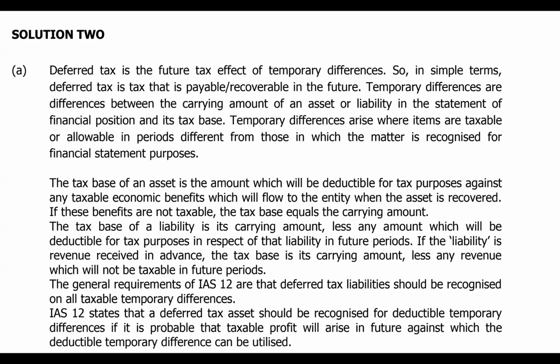What do we mean when we say temporary differences? This is where the question starts from. Temporary differences are basically the differences between the carrying amount of an asset or liability in the statement of financial position and the tax base. The carrying amount is the net book value sitting in the statements, and the tax base is the amount that the tax authorities assign to that particular asset or liability.